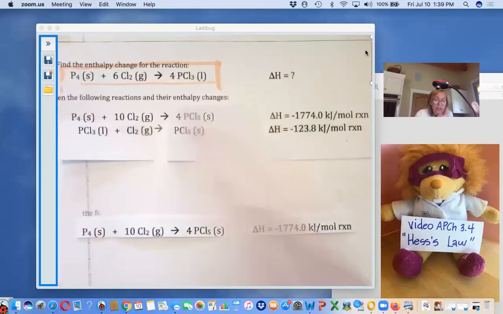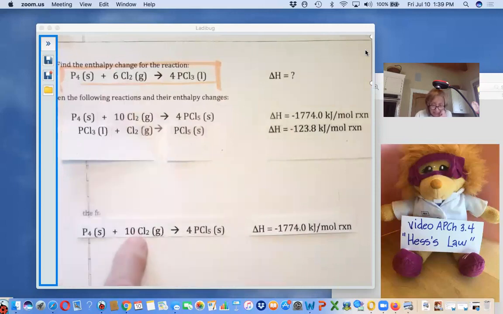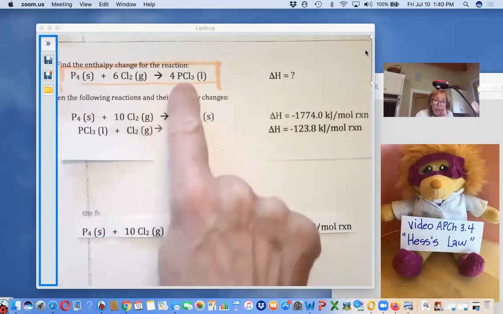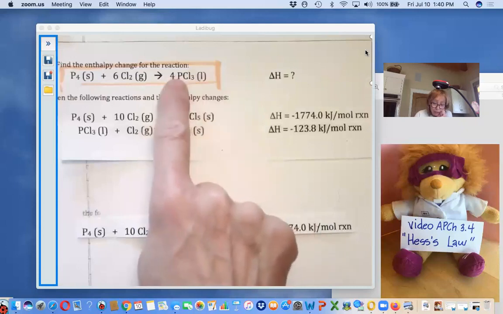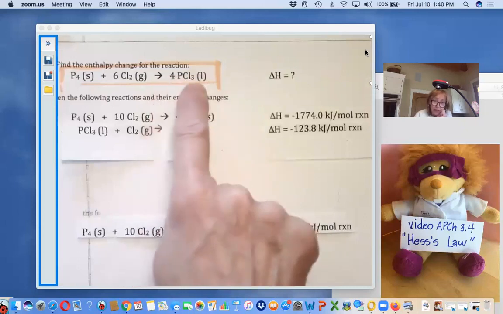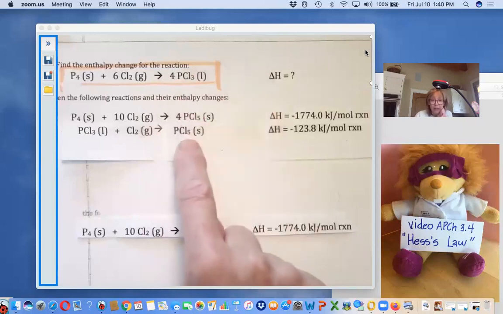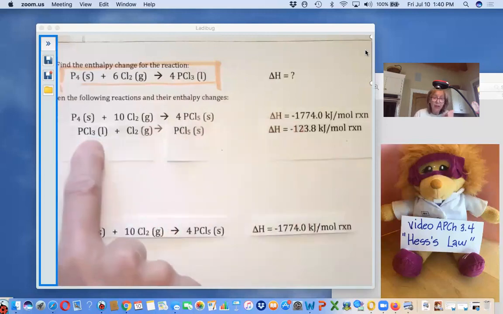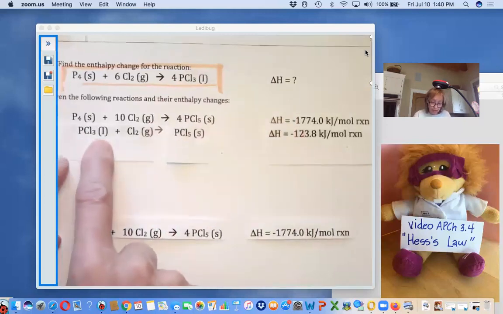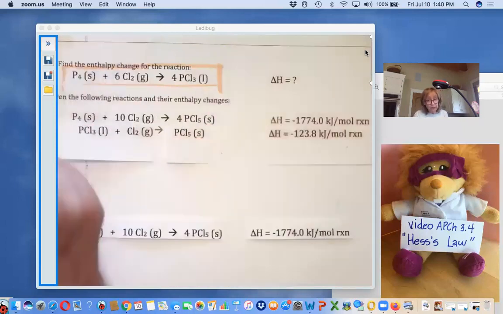Okay, I also need 6 chlorines on the reactant side, and I have 10. I am not going to worry about that right now, but I'm going to look next at my product, which needs to be 4 PCl3s. Neither of my equations gives me PCl3 as a product, but I do have PCl3 as a reactant over here. So I'm going to take this equation and reverse it.